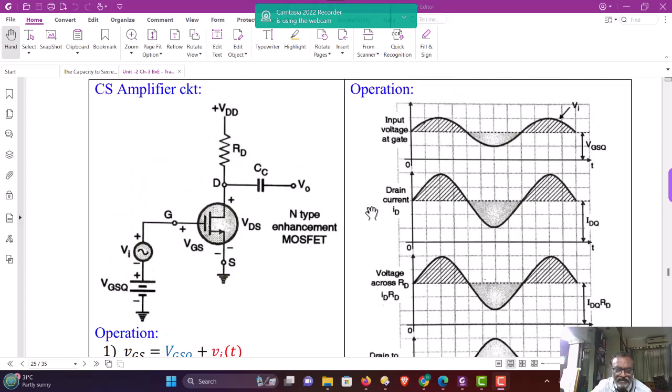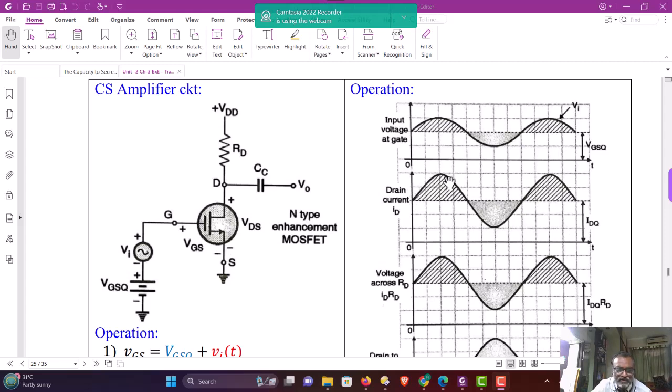Now when the positive half cycle starts here and goes on increasing from 0 to pi by 2 of the input signal, VGS is increasing, therefore ID is also increasing.